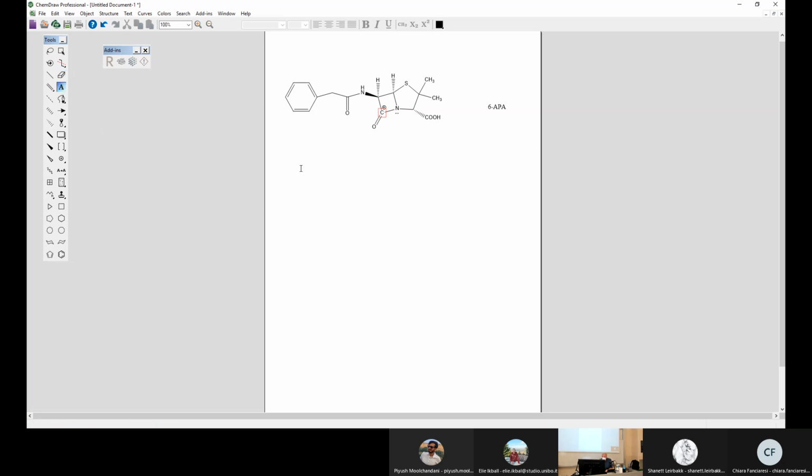The first one wanted to insert another acidic function on the side chain, and the second one wanted to introduce an amino function.